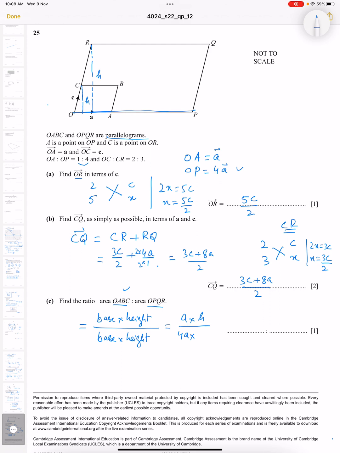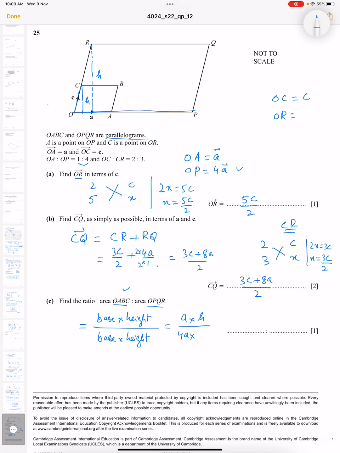Now, these two heights will have the same ratio as the ratio of OC and OR, right? What is the ratio of OC and OR? OC is simply C, and OR is 5C over 2, right?